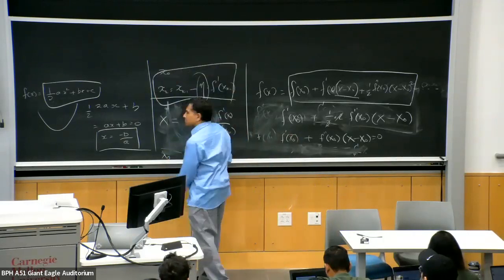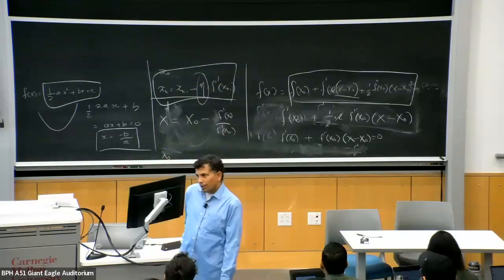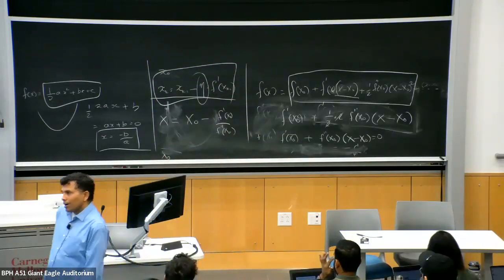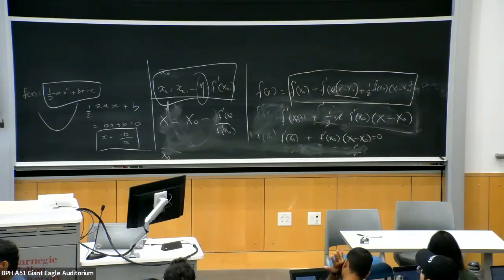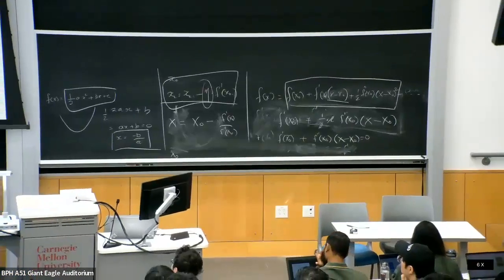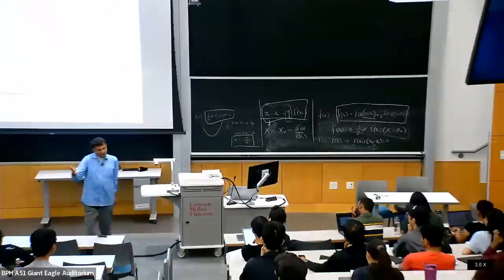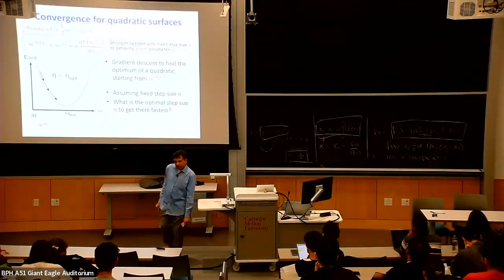Now compare this with my gradient descent rule. What is my optimum step size? 1 over f double prime. If you just take a step size that's exactly equal to the inverse of the second derivative, it doesn't matter where you start from, you're going to get to the solution in one step, right? So that's basically it.